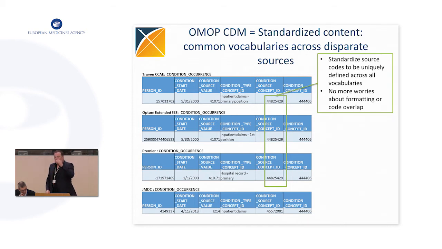What we also know is that the same code is used in different coding systems, and we want to remove that ambiguity by doing standardization to a standardized vocabulary. And I'll come back to that later because I think that's one of the core things that needs to be understood after my presentation.